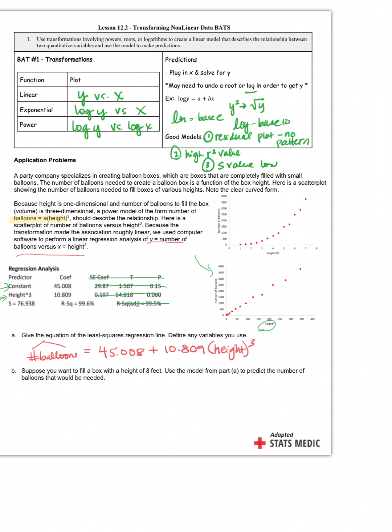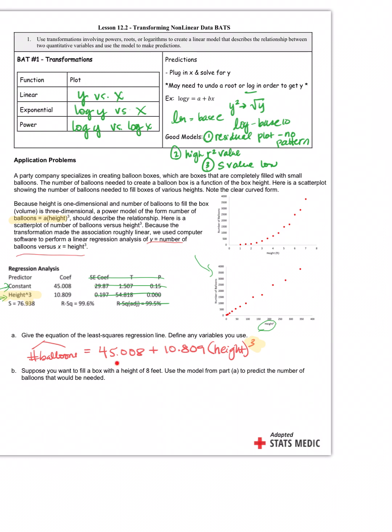If you didn't catch it when you read it, notice in the table it says height with a little caret cubed. So that's giving you a hint that that's the way it should read in your equation also. And this is where you would look, like if this was the logarithm of x and the logarithm of y, it would say the logarithm of the constant, logarithm of whatever. This is where you're going to know what the equation should look like. If you can't figure it out from the wording, look in your table.